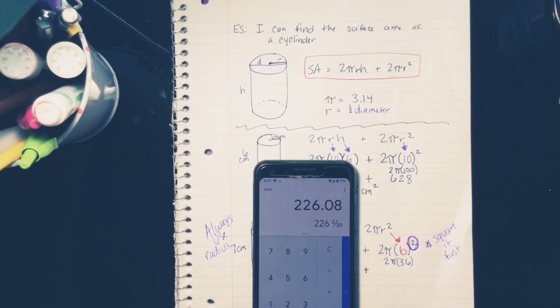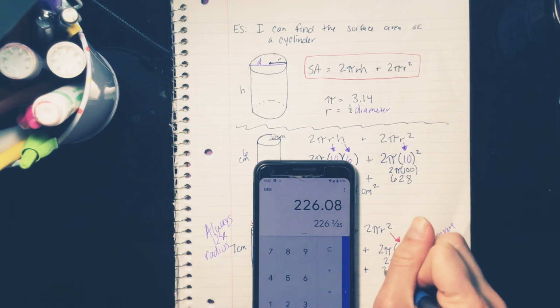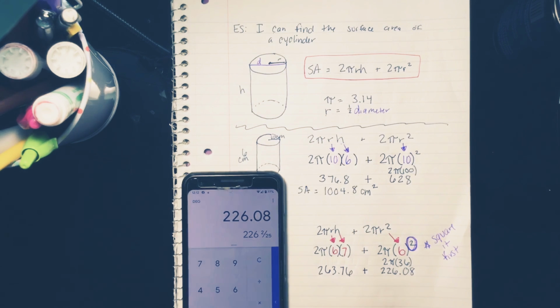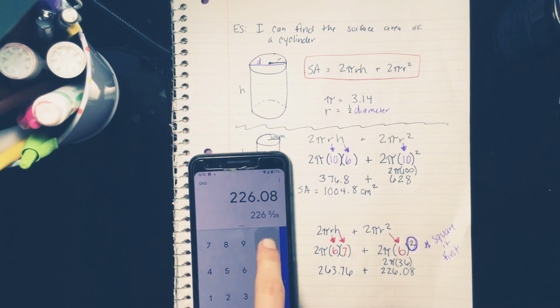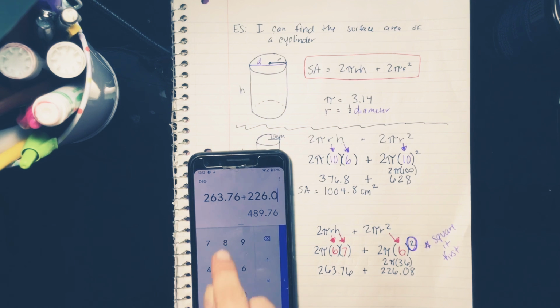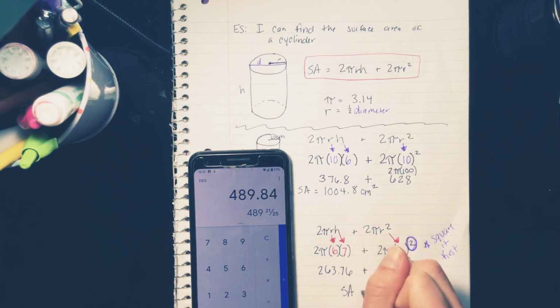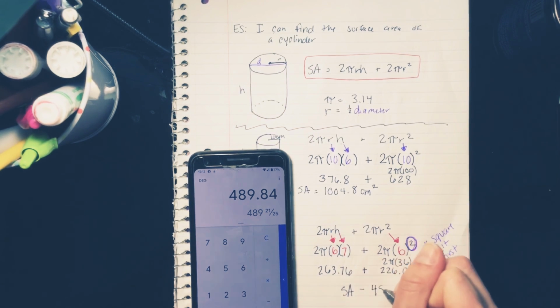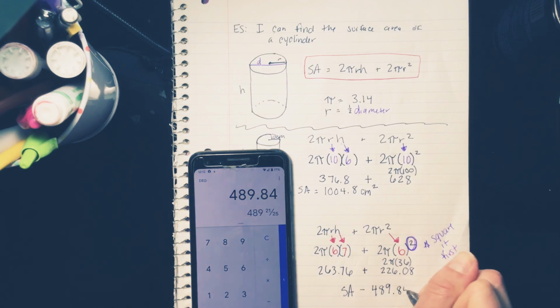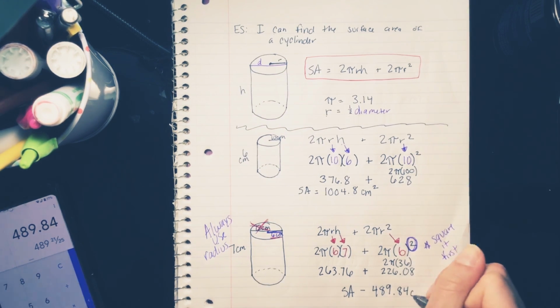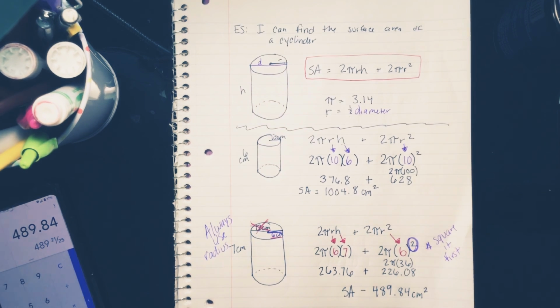And that equals 226.08. Then you take those answers, 263.76 plus 226.08, and that equals a whopping surface area of our cylinder at 489.84, and our label is centimeters squared.